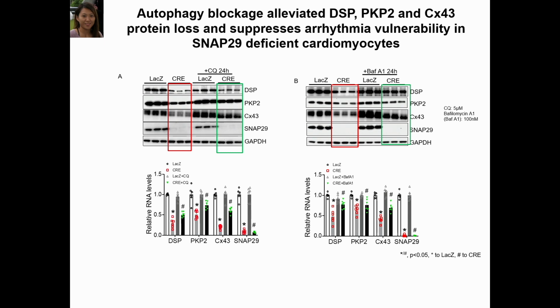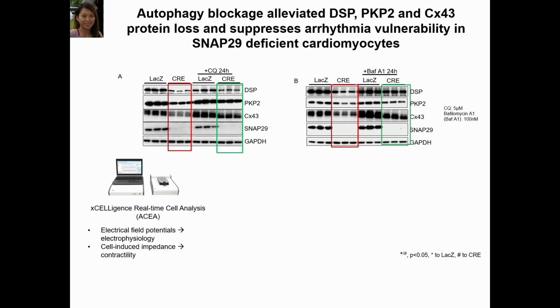And now when we do autophagy inhibition with chloroquine, we can increase the levels of these proteins back to LacZ levels. And also in the setting of bafilomycin, you can see again loss of SNAP29, loss of all of these proteins, and now we're able to increase the levels of all of these proteins back to endogenous settings.